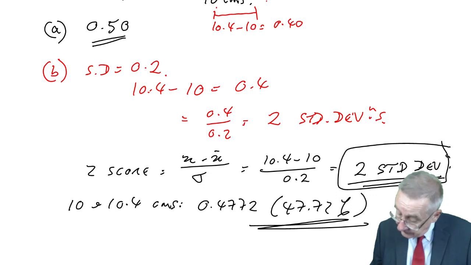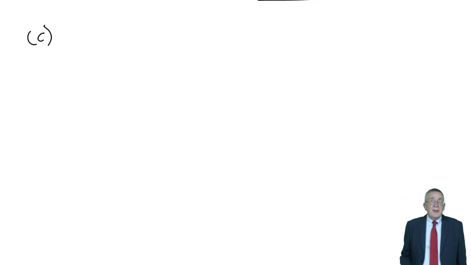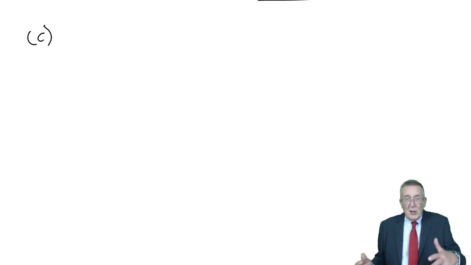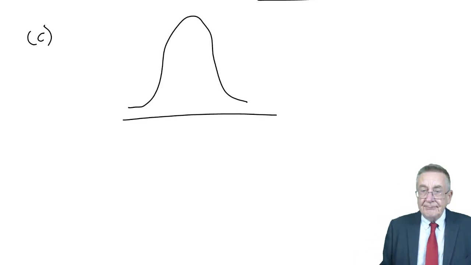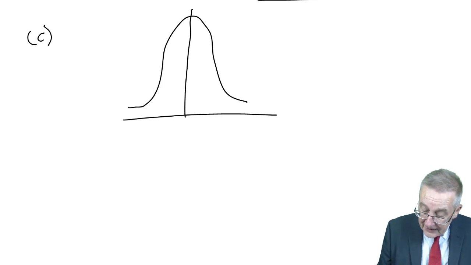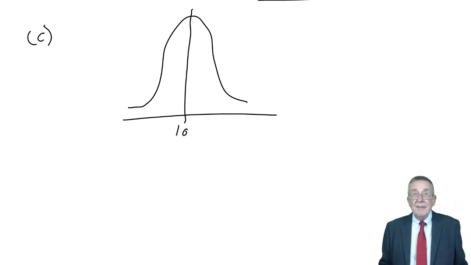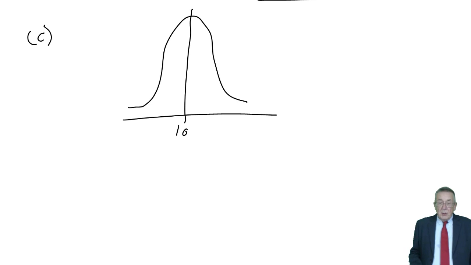Let's look at C. You don't have to draw a picture. I always find a little picture helps me be clear what's happening. Again, we're assuming we've got a normal distribution. The average, remember, is 10 centimetres. But what do I want this time?